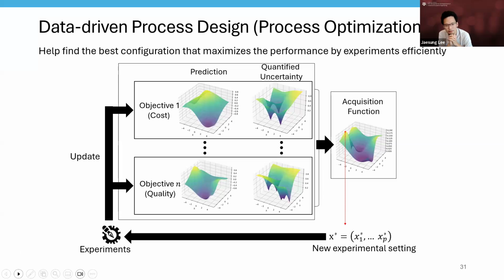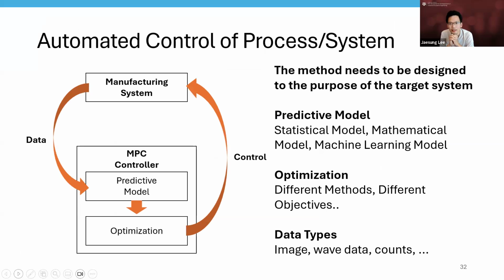Can you go to the next page? Thank you. This is my last slide. So we oftentimes make the decision not only one time, but we want to find the optimal process parameter during the operation. For example, let's say you are driving a vehicle. Overall, many times you can just go straight, but oftentimes you need to make a left or right.